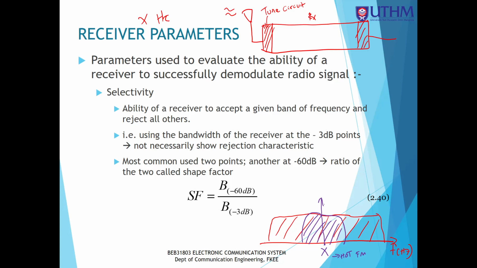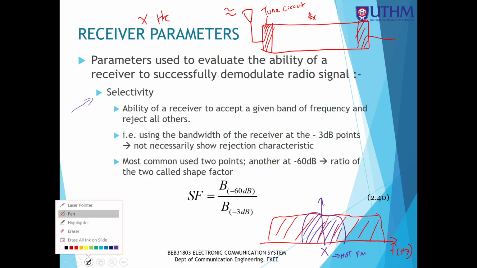That means the tune circuit needs to have filters. Okay, so now starting from this slide I explain about the receiver parameters, which is actually referring to the filters inside the tune circuit. The first parameter is selectivity.